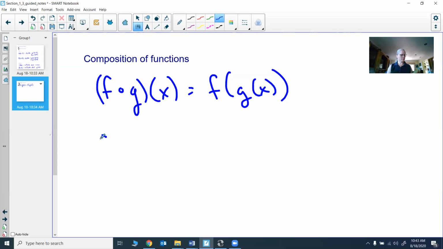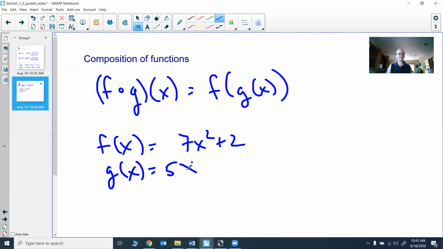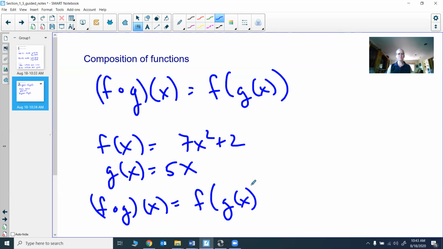An example of this might be if you had f of x equal to 7x squared plus 2, and you have g of x equal to 5x, then you could do f of g of x, which means you're going to take your f function and plug the g function inside of it.